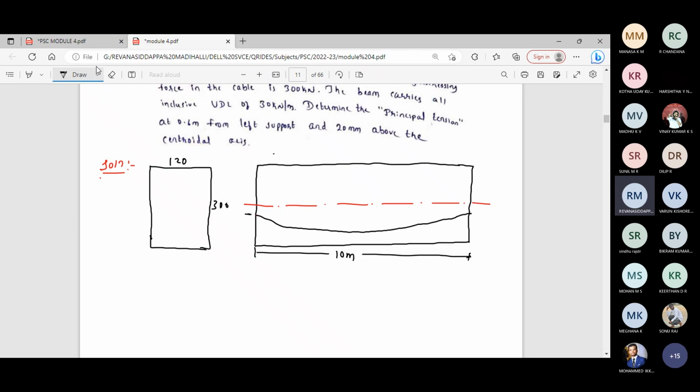At the supports the eccentricity is 20 mm and at midspan eccentricity is 100 mm. So here also 20 mm.